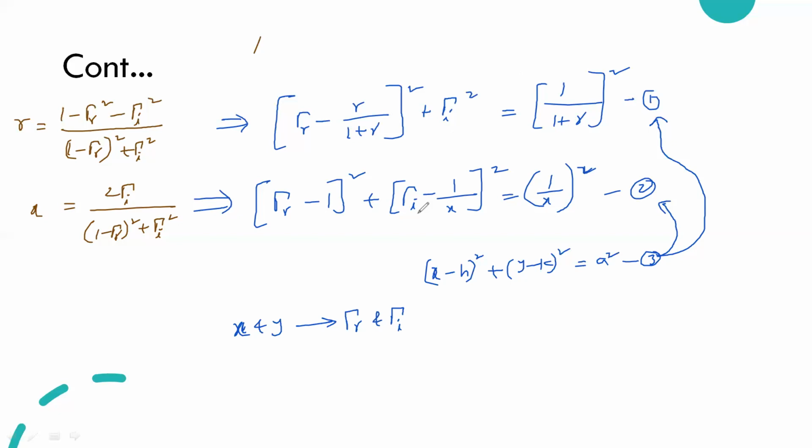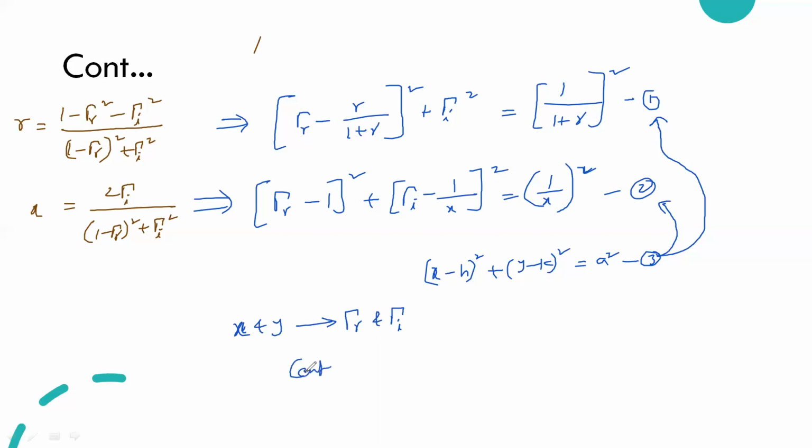Similarly, equation 2 is in terms of x, that is the reactance values. It is also equated to the general equation, it is also in the form of a general equation of a circle. So your reactance also is in the form of circles. From both equations 1 and 2, I can get the center values.